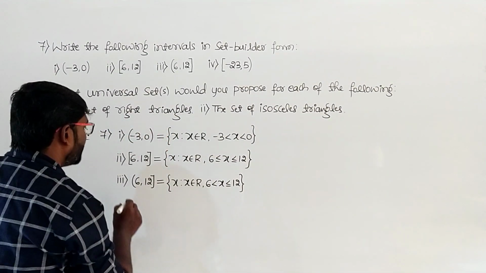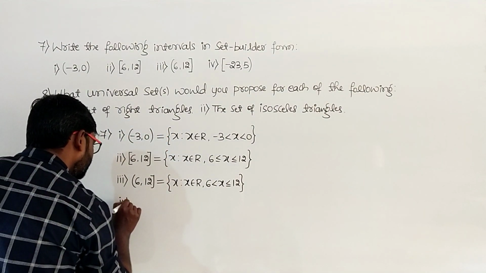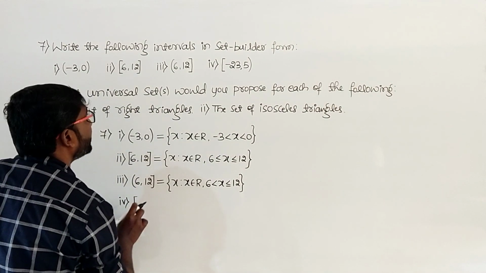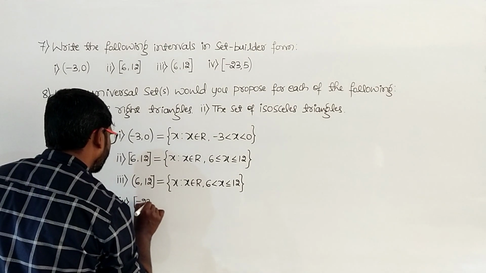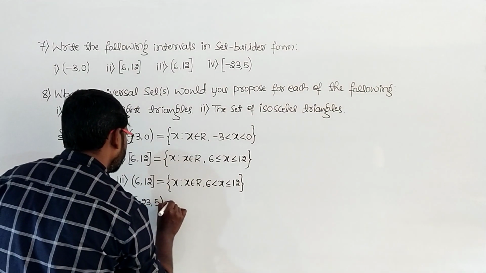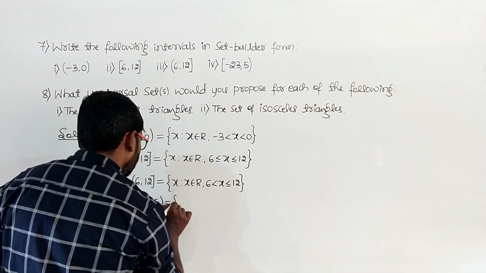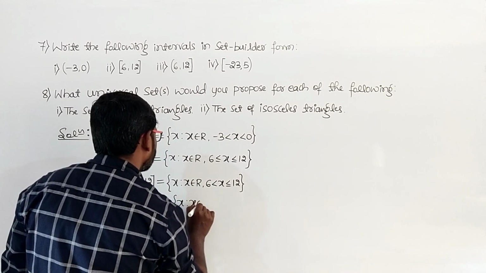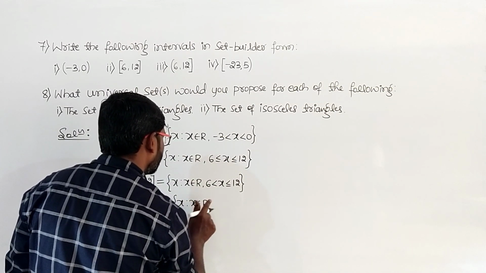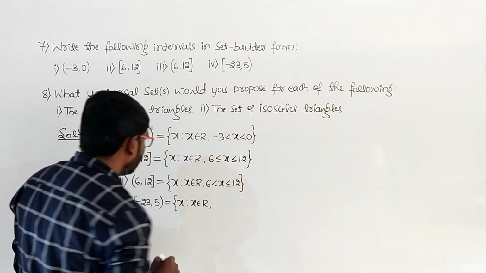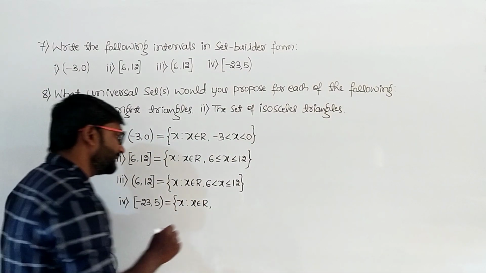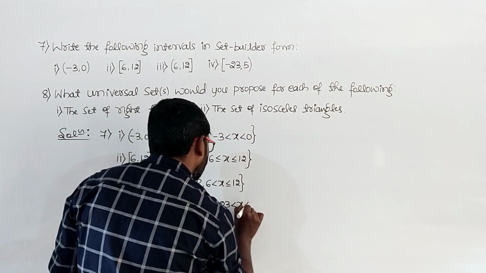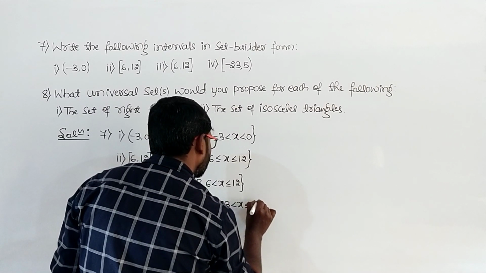So now we'll move on to Roman number 4. It is closed interval minus 23 comma 5, open interval 5, which is equal to the set of x such that x belongs to R and minus 23 is less than or equal to x, less than 5.